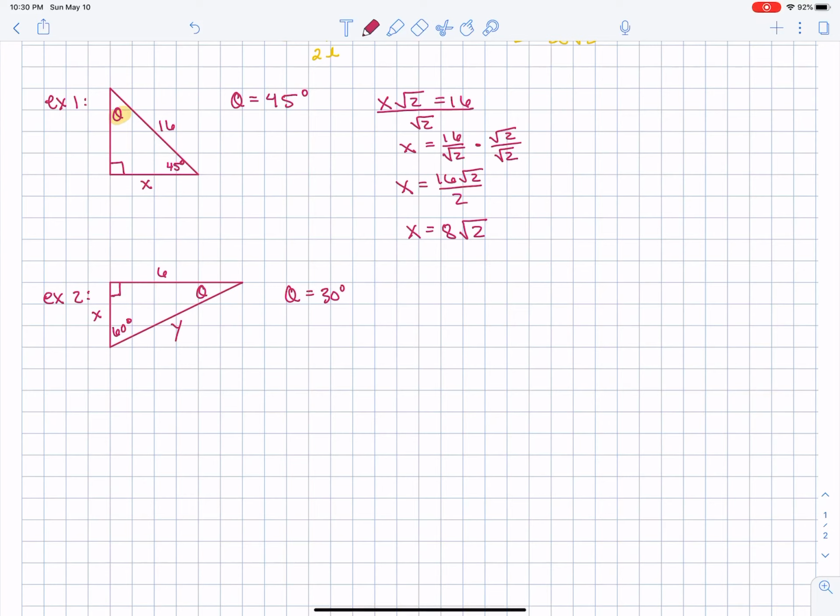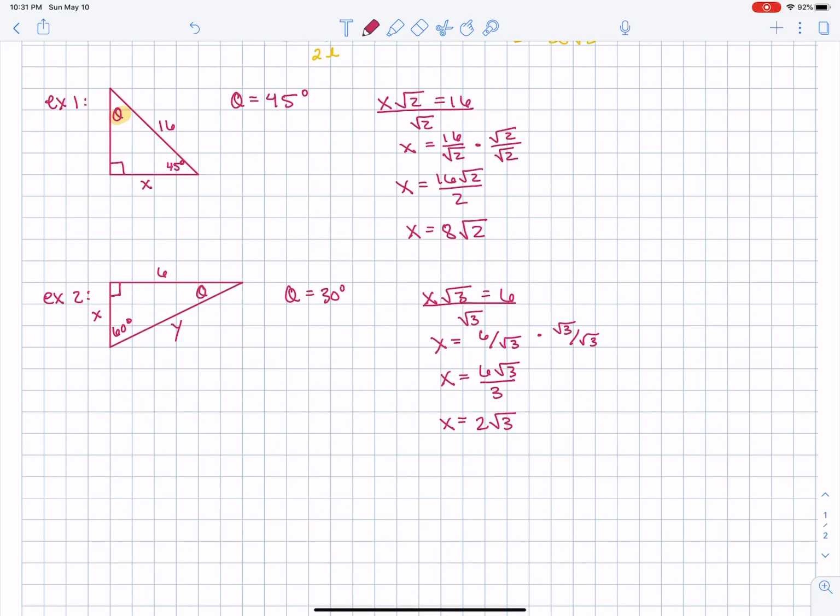So I'm going to say x times the square root of 3 is equal to 6. You might have already set this up as x is equal to 6 divided by square root of 3, and you're already starting to rationalize. So x is equal to 6 root 3 over 3. Please simplify. So 2 square root 3. So there's my short side.